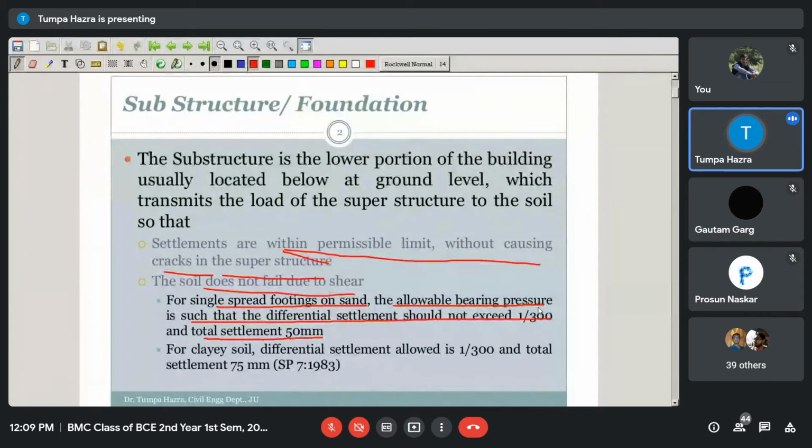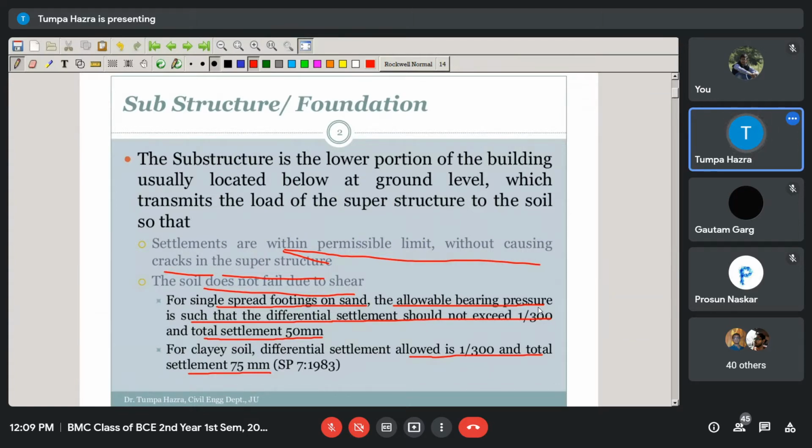Okay, if it is more than 50 millimeter, then the building will collapse. And if it is clay soil, then the differential settlement will be allowed 1/300, and the total settlement will be allowed 75 millimeter.